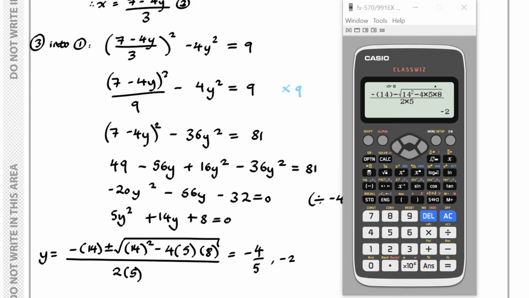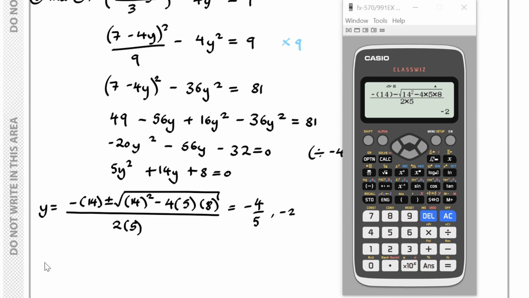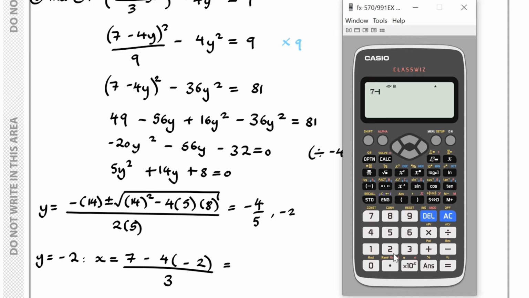Okay, so now all we have to do is substitute these values of y back into our x equation. So when y is equal to minus 2, x will equal 7 minus 4 lots of minus 2, divided by 3. So if I work this out, that's going to be 5.